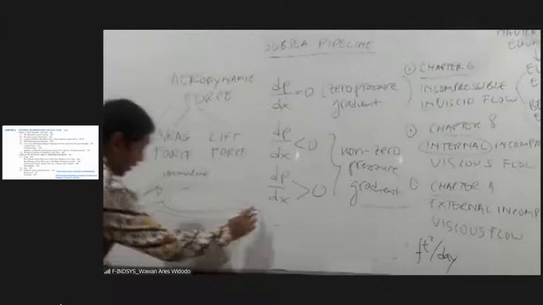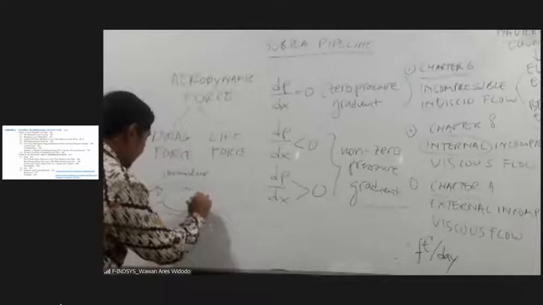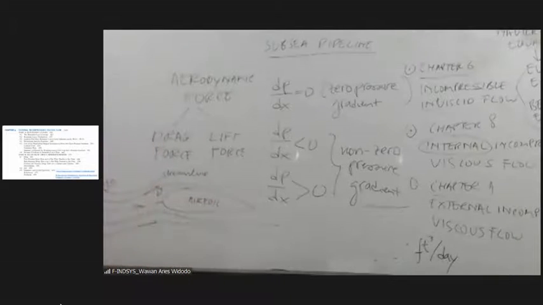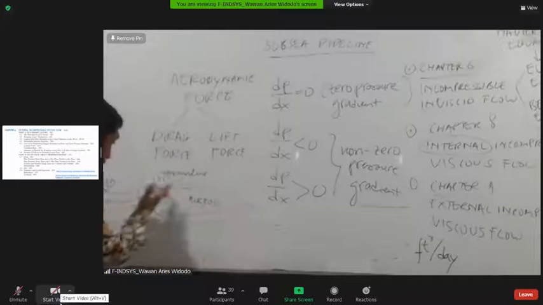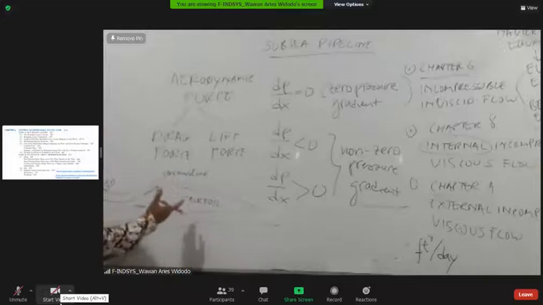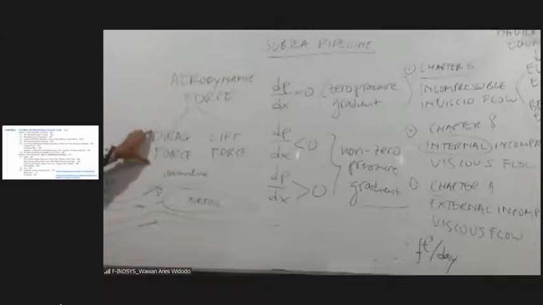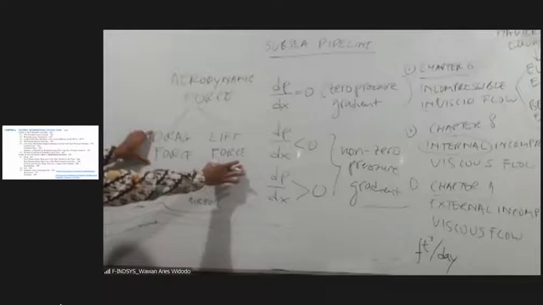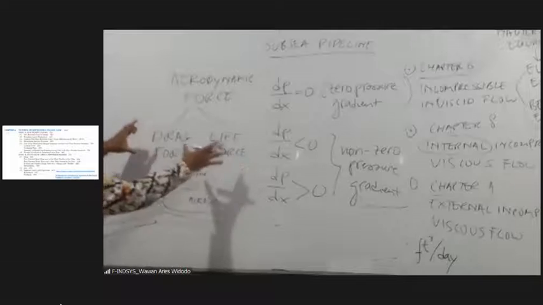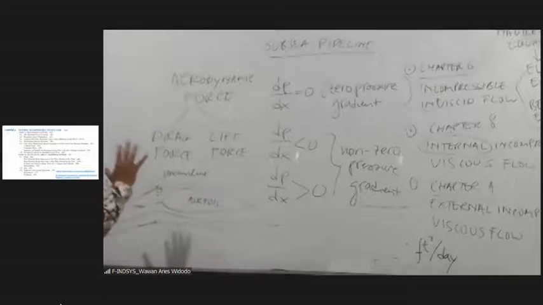Okay, this is the airfoil here. The fluid flow with the shape of the airfoil creates aerodynamic force. The aerodynamic force will create drag force and lift force. I think the terminology here is very important.